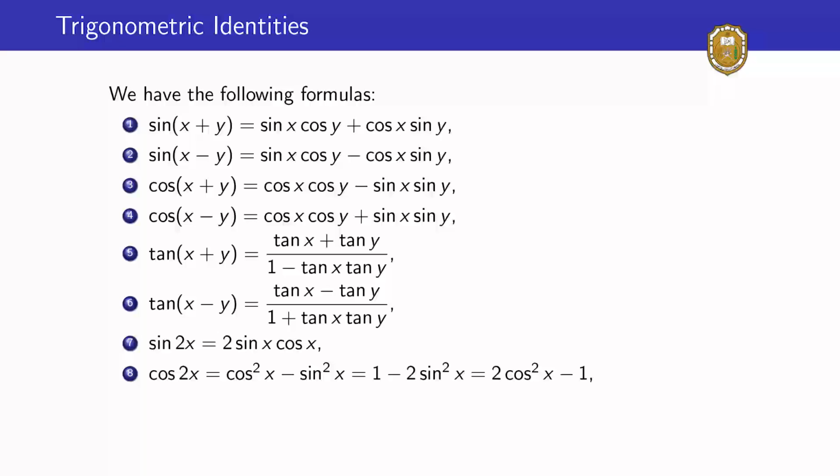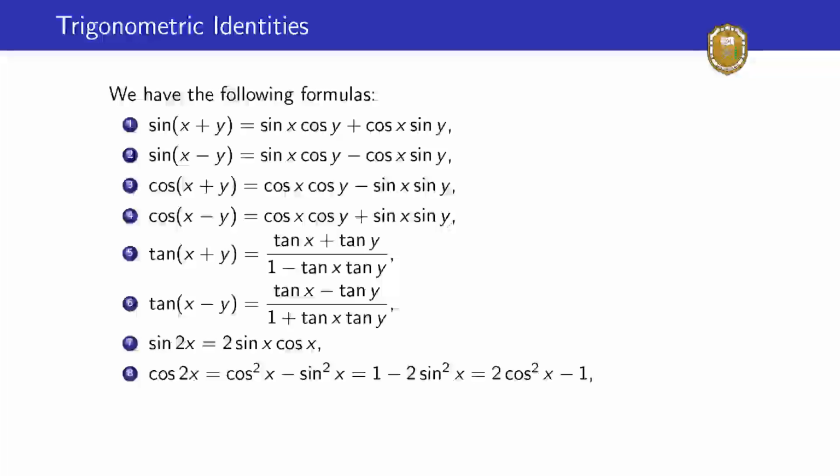But using the identity sin² x + cos² x is equal to 1, we see that cos² x can be written as 1 - sin² x. And therefore, the double angle formula for cosine can be simplified to 1 - 2 sin² x. We can also use the same identity sin² x + cos² x = 1 to write sin² x as 1 - cos² x.